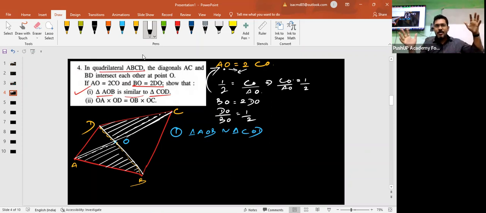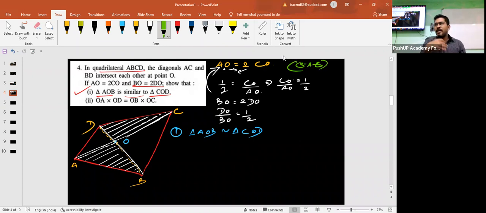Okay, I'll repeat that whole sentence. In order to cover up that drawback of opposite sides being not parallel to each other, very well in advance, in the question itself, they have given you the ratios of CO, AO, DO, BO, so that you can make use of which axiom? Side angle side axiom and prove similarity.